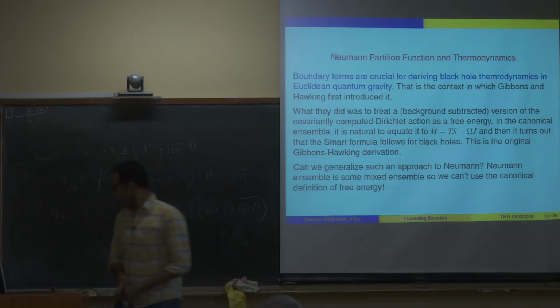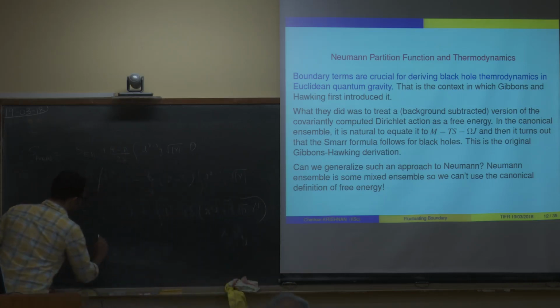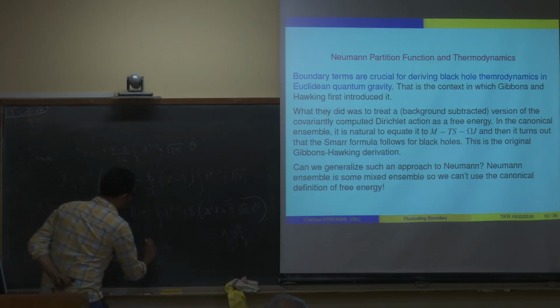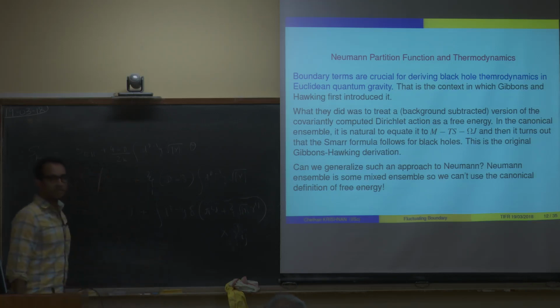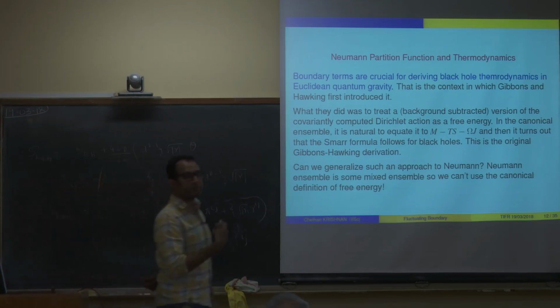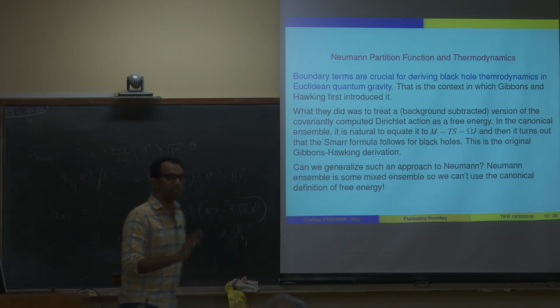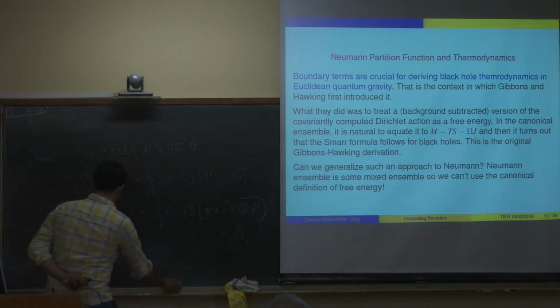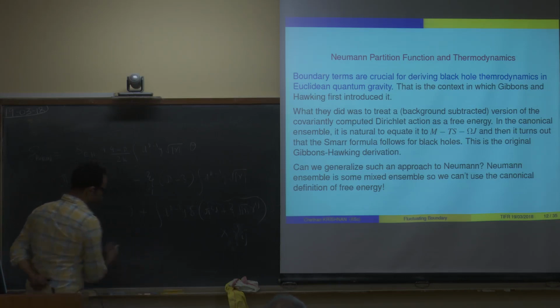It's some formula that looks like M by 2 is, what is it, TS minus omega J, something like that. It's just an algebraic relation between the parameters of the black hole. I don't have it here, and the particular one that I wrote might not be quite accurate.